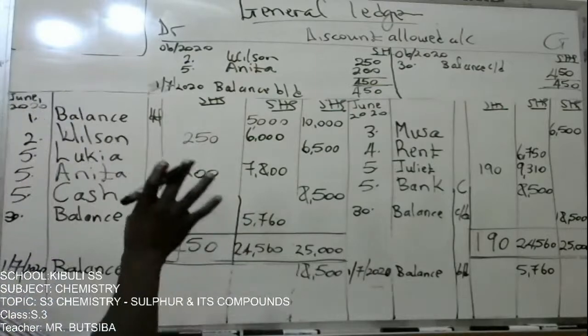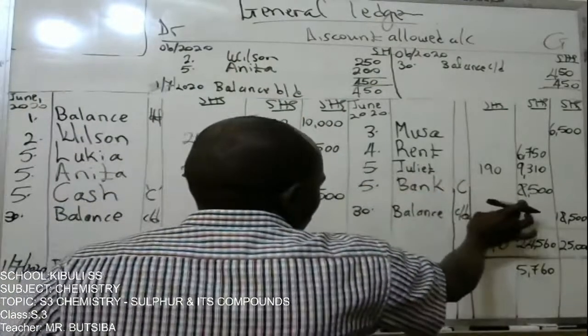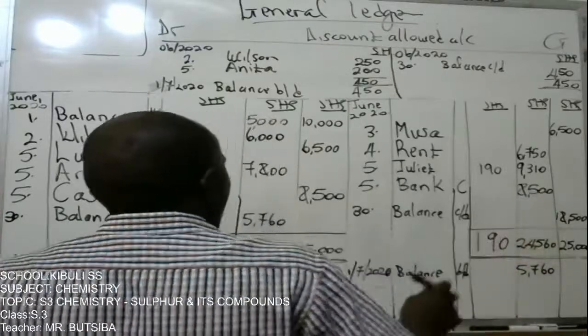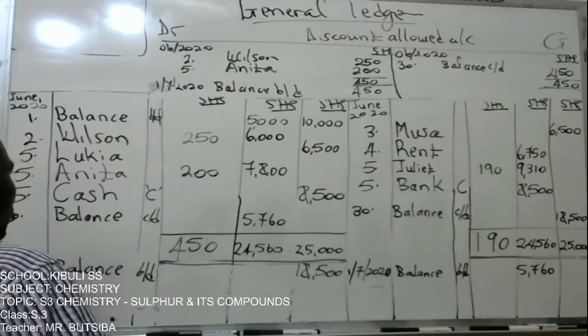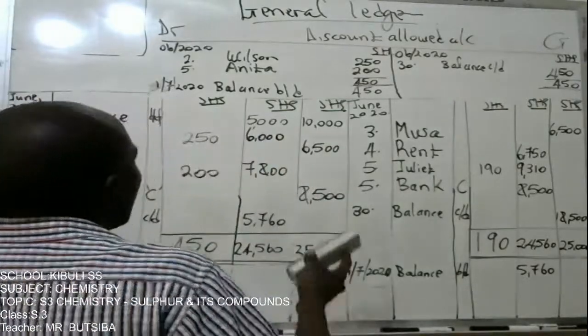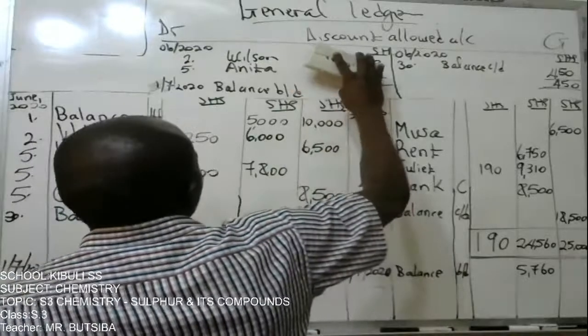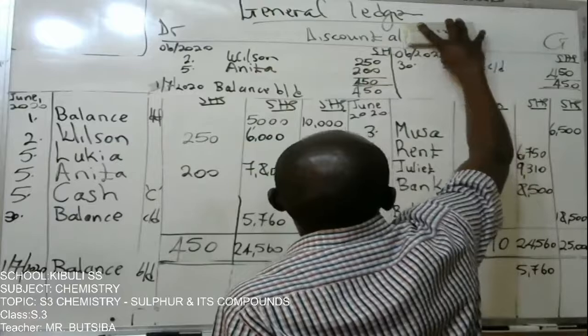Do the same for the discount received. So still maintain the sides. Do not change those sides. So you move and then open up the discount received account.